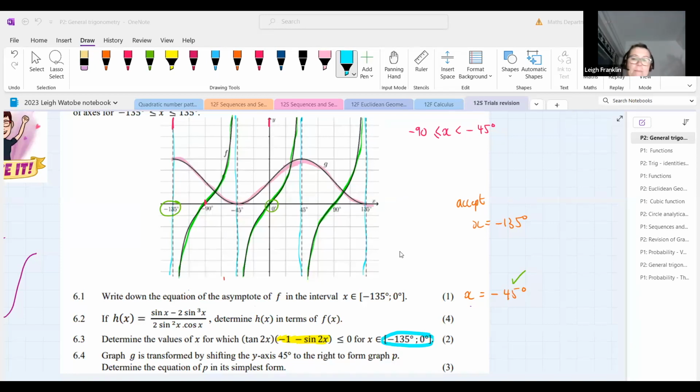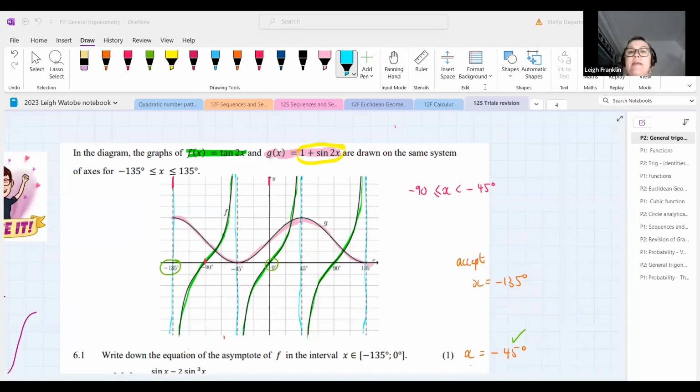Any idea? Anyone got any idea? What would it seem has happened to G if we shifted the y-axis 45 degrees to the right? So we can see it here.